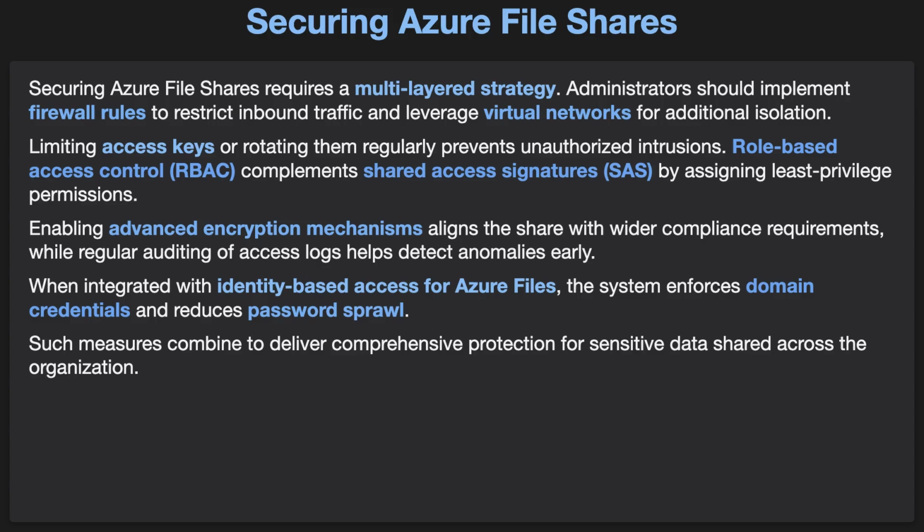Enabling advanced encryption mechanisms aligns the share with wider compliance requirements, while regular auditing of access logs helps detect anomalies early. When integrated with identity-based access for Azure Files, the system enforces domain credentials and reduces password sprawl. Such measures combine to deliver comprehensive protection for sensitive data shared across the organization.